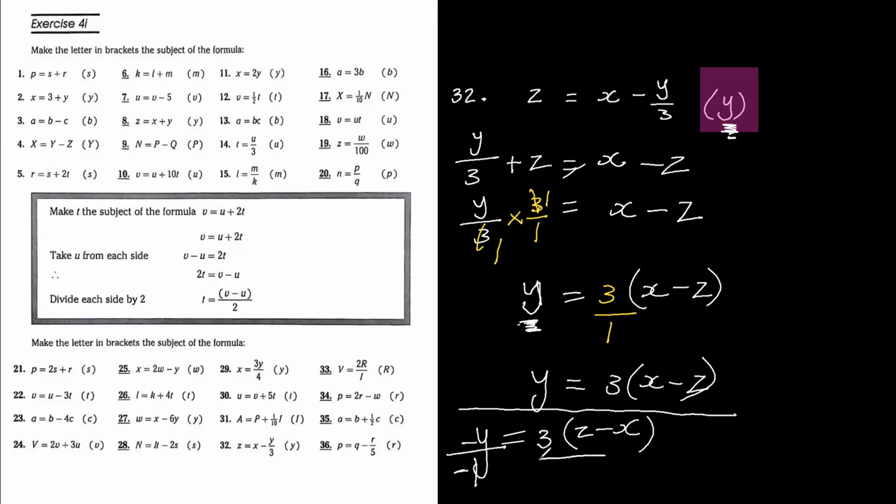Whatever you do on one side, you do on the next side. So this will cancel off, leaving me with y equals -3z minus x, which is correct. So there are two answers. This is correct. This is correct.